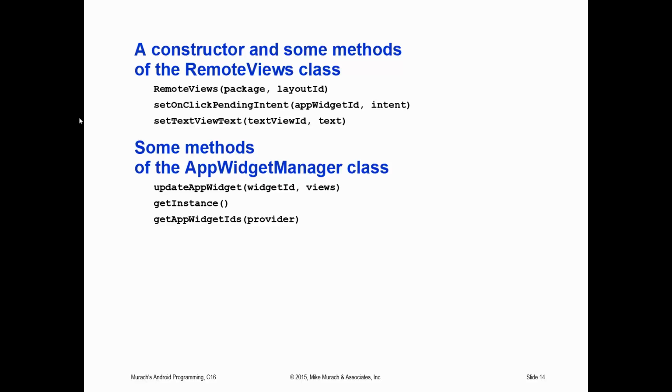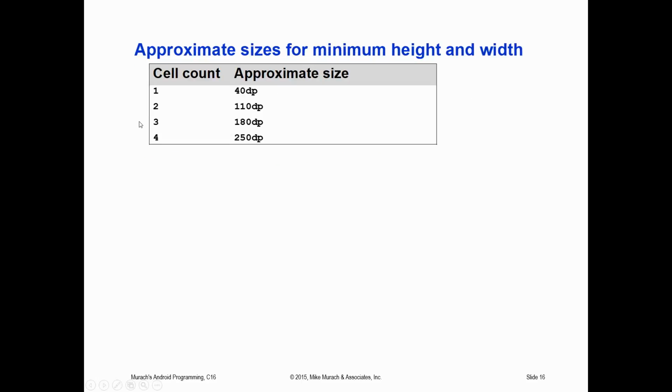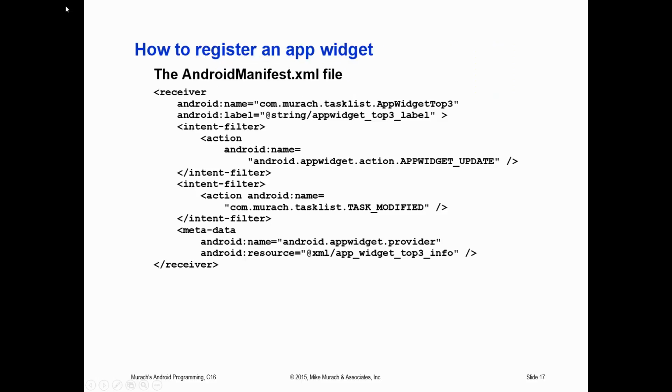The initial layout attribute specifies the layout for the app widget. So to configure an app widget, you can add an info file for the app widget to this directory. Before you can use the app widget, you must register it.